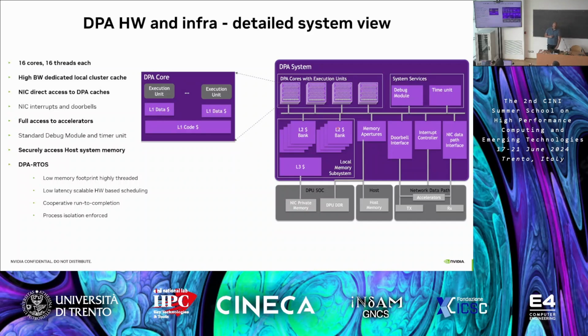And then they all share a high bandwidth L2 cache. And this is a particularity. I was saying, this is not classical architecture because there is actually no DRAM here. So this is all caches, as you can see. If there is a cache miss, this will go to either the DPU memory, or the ARM subsystem memory, or directly to the host memory via PCIe, right?